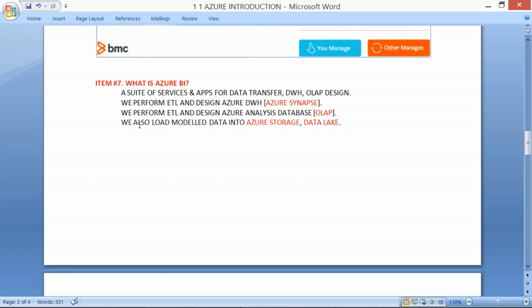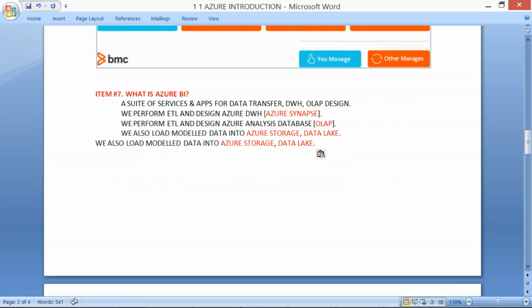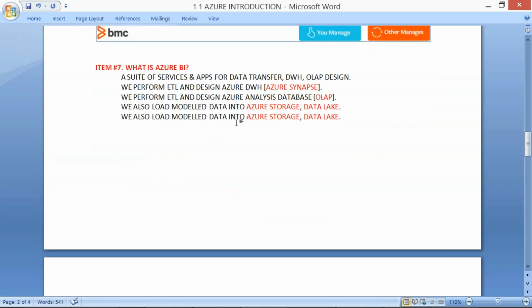And we also get involved in Azure storage and data lake components. And for these components, we require or we use Azure Data Factory, called ADF.